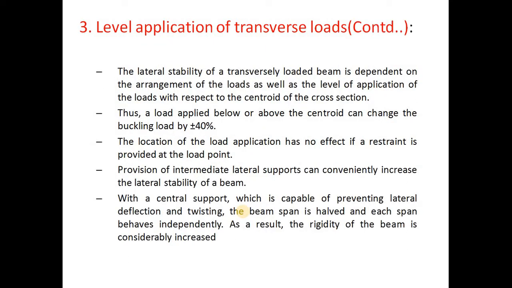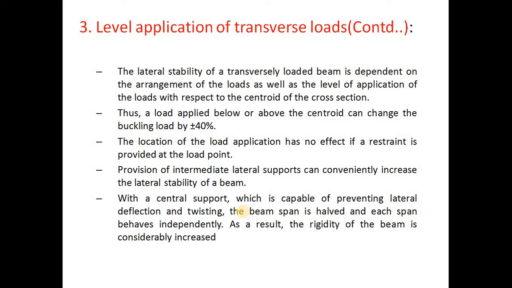Okay, the lateral stability of transversely loaded beam is dependent on the arrangement of the loads as well as the level of application of the loads. Thus a load applied below or above the centroid can change the buckling load by plus or minus 40%. You can just see here, only the level of application of the load will make a difference of buckling load by plus or minus 40%.